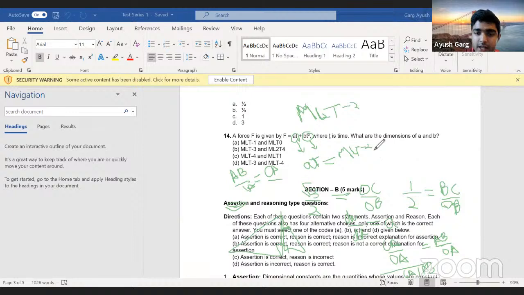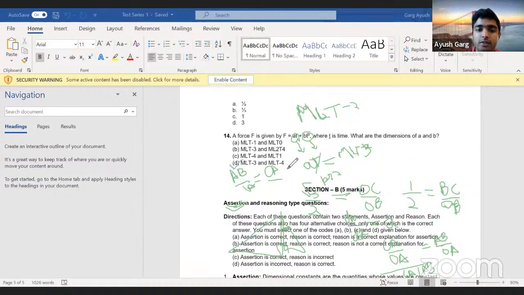You take T on the other side. Is it not going to become MLT minus 3? Yes, right? Similarly, if BT square is MLT minus 2, then you take T square on the other side. Is it not going to become MLT minus 4? Correct? So A will be MLT minus 3, B will be MLT minus 4.